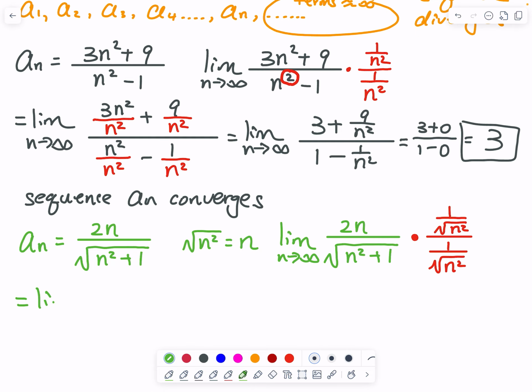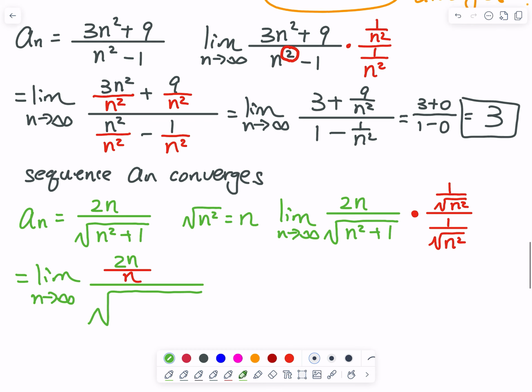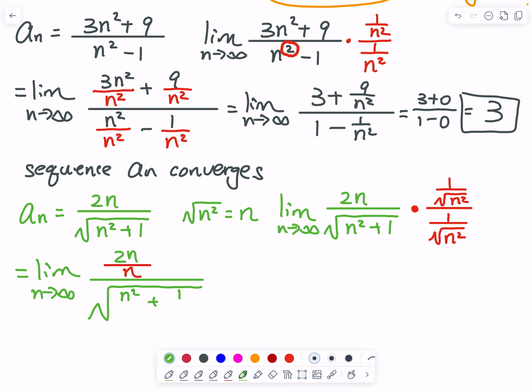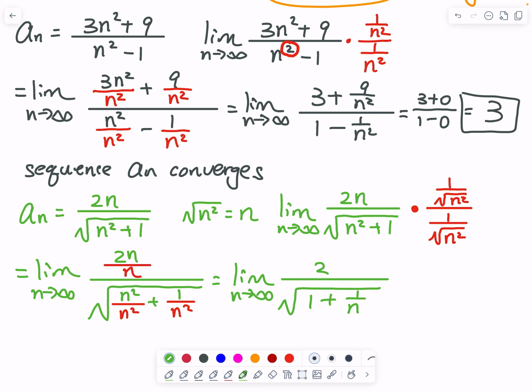And then that is equal to the limit as n approaches infinity. You have 2n divided by the square root of n squared, which is equal to n. And in the denominator, you can bring that inside the square root: n squared plus 1, all divided by n squared. Continuing, you have the limit as n approaches infinity: the numerator is 2, and the denominator is the square root of 1 plus 1 over n squared.